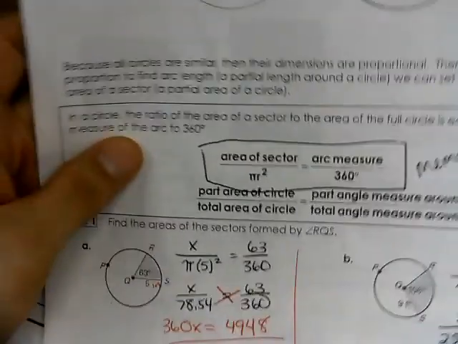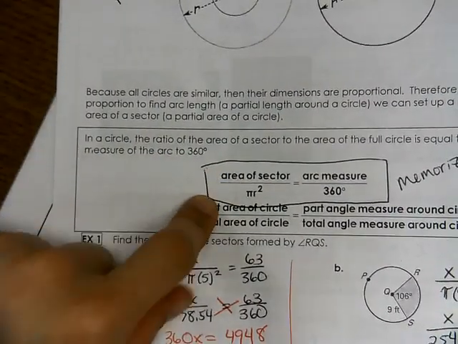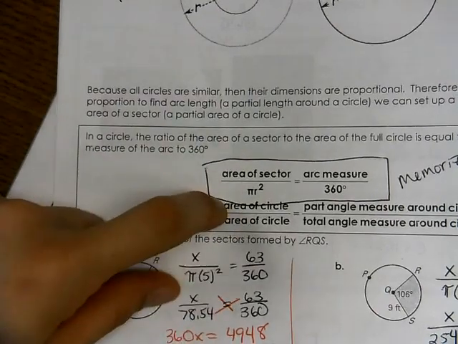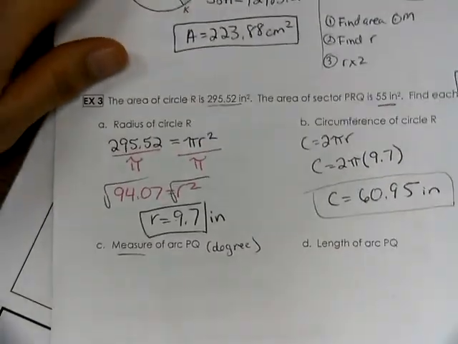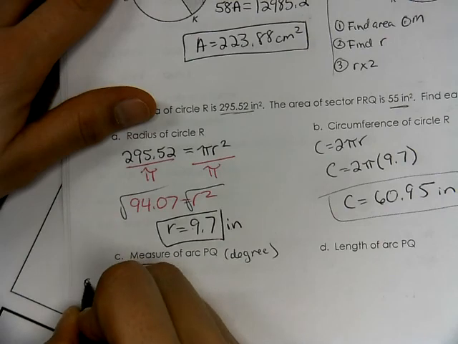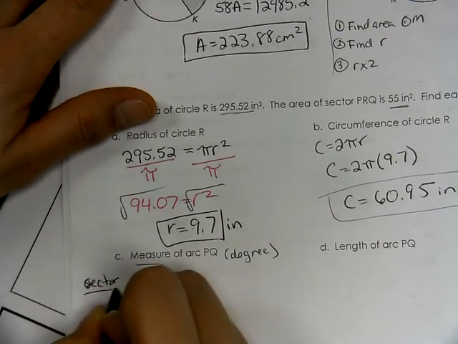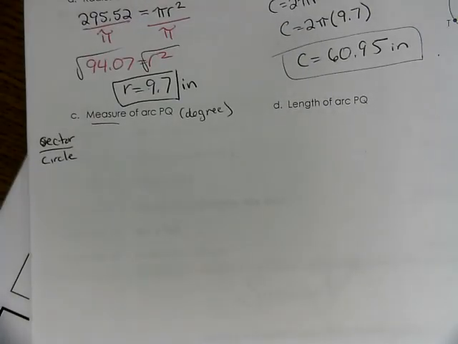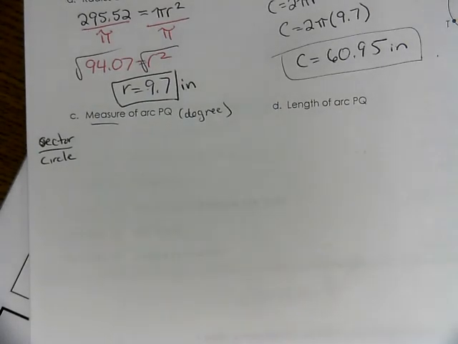Do we know both the area of a sector and the area of the whole circle? So let's use the one that we learned today. So we're going to use the area of the sector over the whole circle. Otherwise we'd have to use the other one, but we don't know the arc length. That's what we're going to find in D.